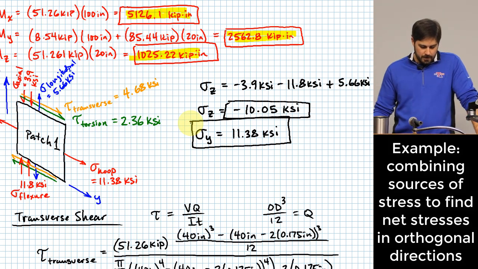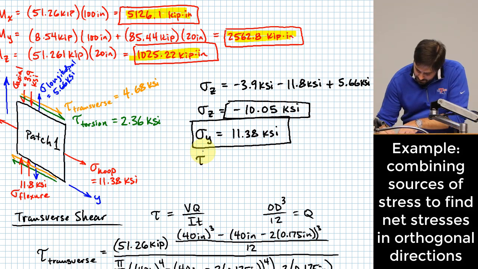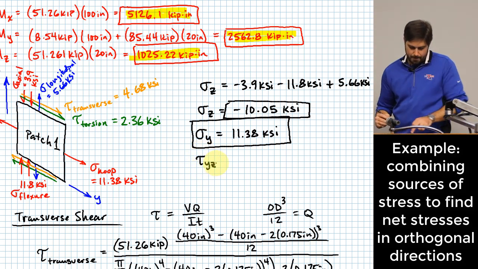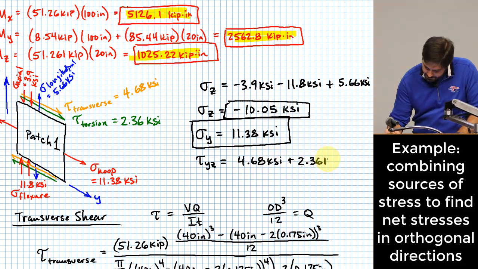Okay. What about my shearing stress in the YZ direction? Okay. 4.68 KSI plus 2.36 KSI.